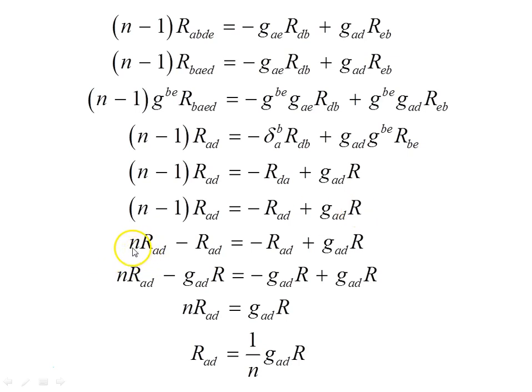Now, multiplying out the parentheses, same thing here, minus g a d R. We've converted that to g a d R plus g a d R. This term on the left and this term on the end cancel out, and then we bring this one over to the right. So we have n R a d equals g a d R, or the Ricci tensor is 1 on the dimension of the space times the metric times the Ricci or curvature scalar.